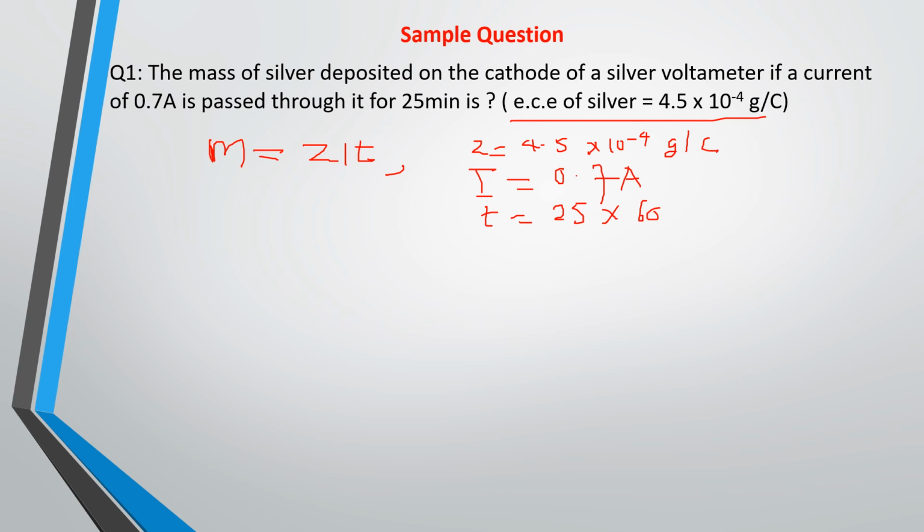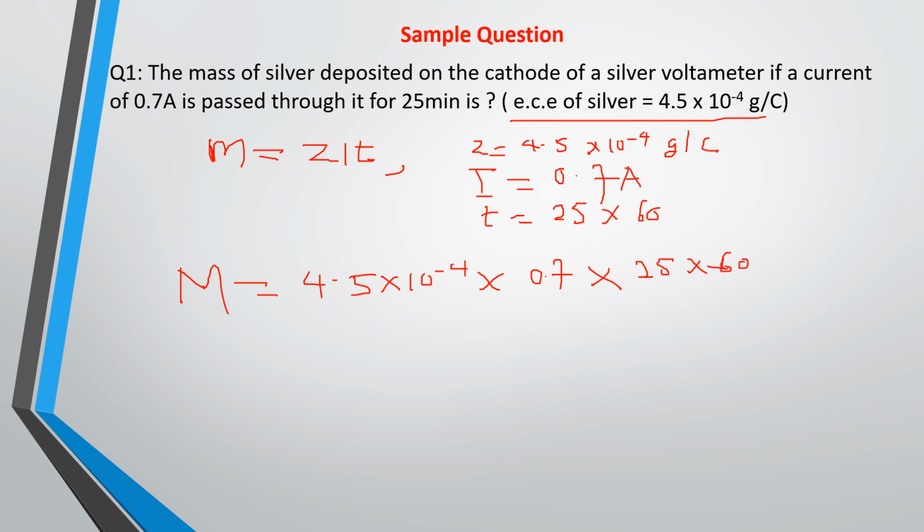Okay, so having done that, you can now substitute into this equation. So our mass equals Z, which is 4.5 times 10 raised to the power minus 4, multiplied by current, which is 0.7, multiplied by time, which is 25 times 60.